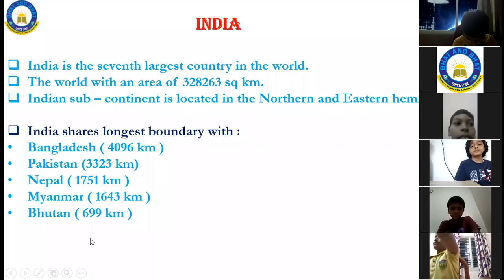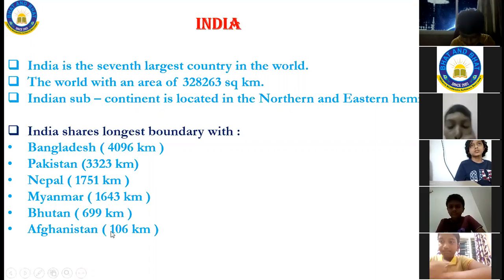India has also shared the boundary with Bhutan, which is 699 kilometer. And with Afghanistan, the boundary is 106 kilometer.